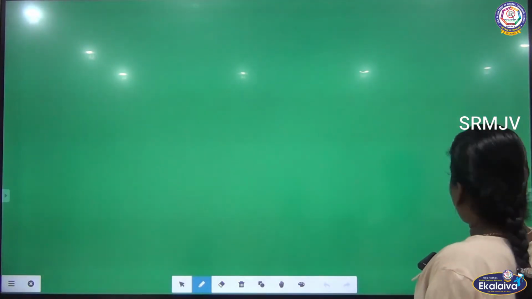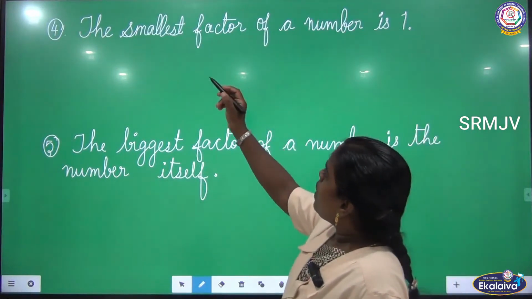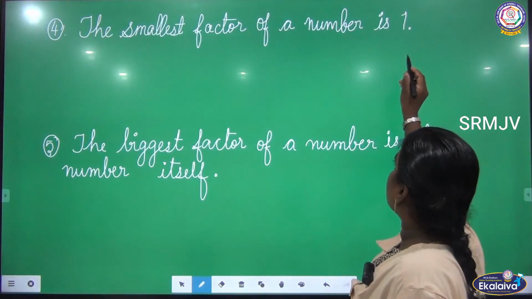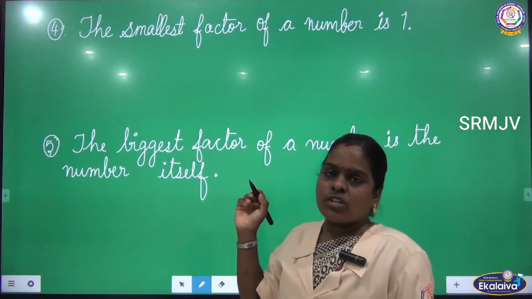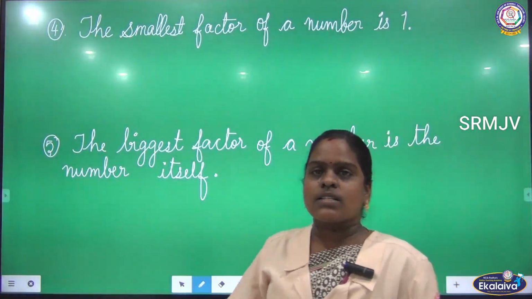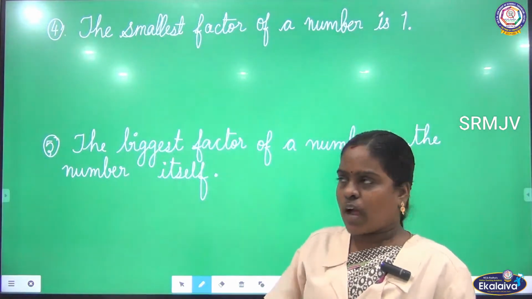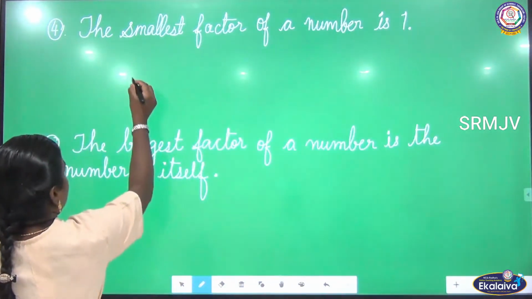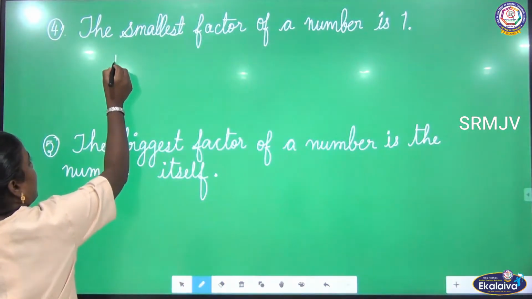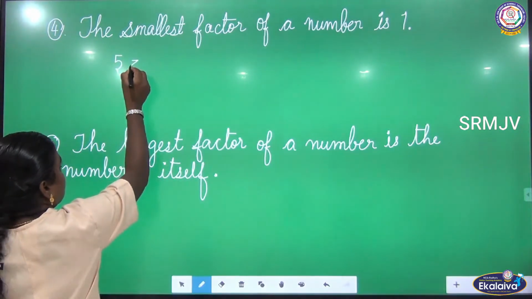And the next property is the smallest factor of a number is 1. Listen, children, if you find the factors of a number, the first factor must be 1. For example, let us find the factors of 5.